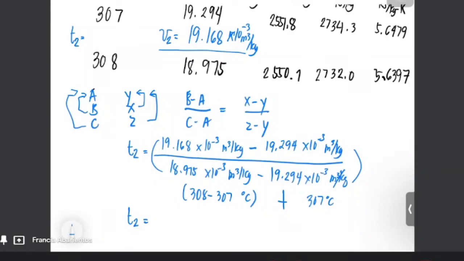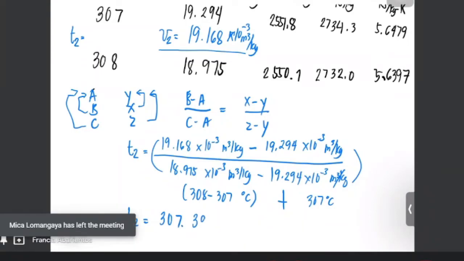Class, bilisan nyo yung pag-solve nyo ha. Opo, class. So, make it right. And so, what is now the A? So, we have 307.39 degrees Celsius. So, this is now the temperature at point 2.